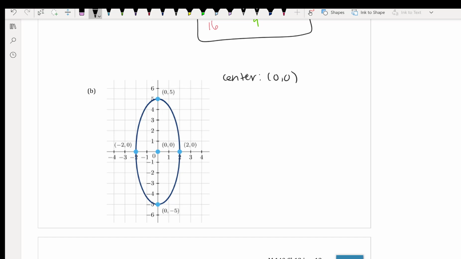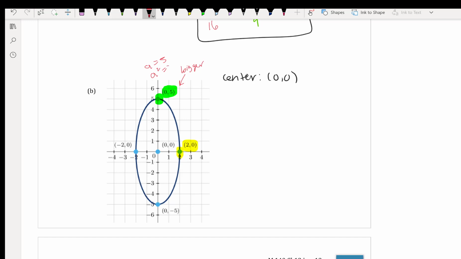Okay. Now, let's determine this. So here, that's a 2, 0. And over here, that's a 0, 5. So it looks like this one is bigger. So I'm going to have that my a value is equal to 5.